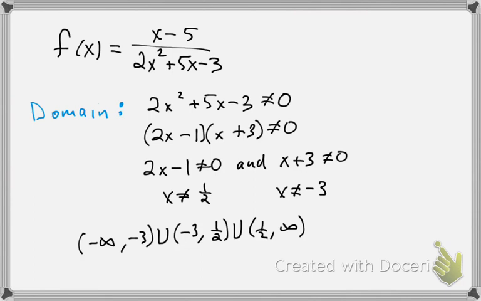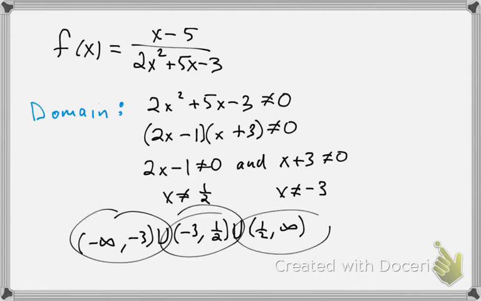We took the entire number line from -infinity to infinity. I cut out -3, and I cut out 1/2. So imagine a string. If you make 2 cuts, how many pieces of string do you get? If you cut a piece of string in 2 places, you get 3 pieces of string. 3 intervals. Is that okay?